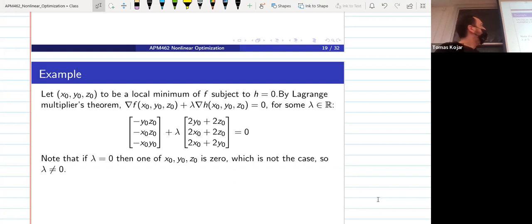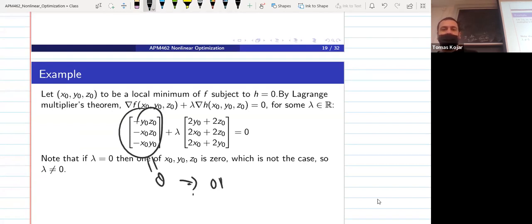Okay, anyways. So if lambda is 0, you get a contradiction. You get that this guy is 0, which will give you that one of the lengths is 0. Actually, all the lengths. If lambda is 0, at least 2 of them are 0, right?